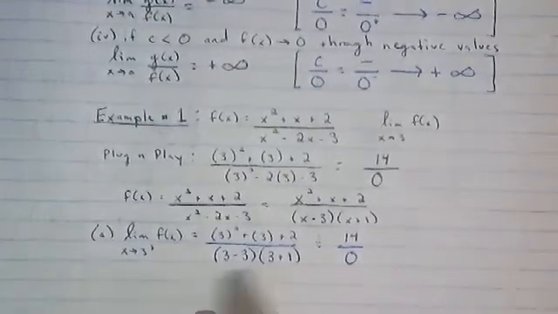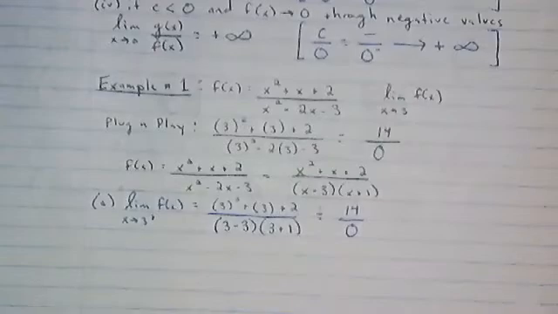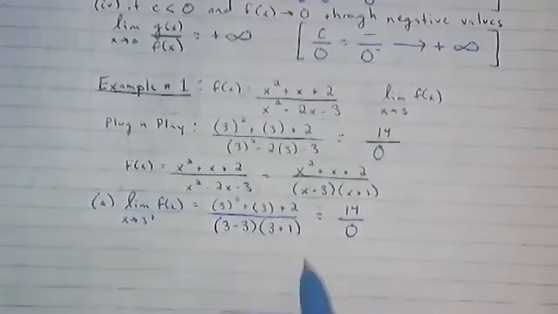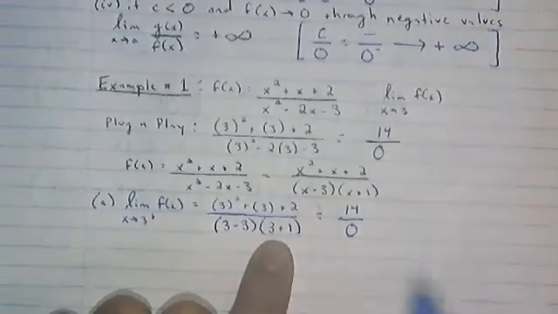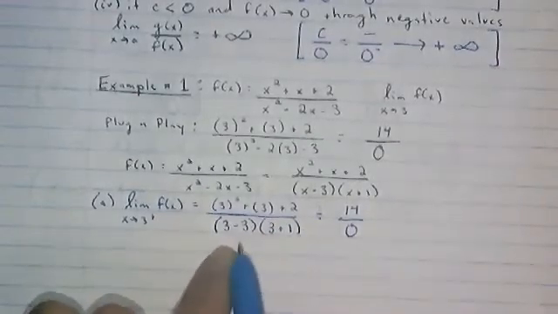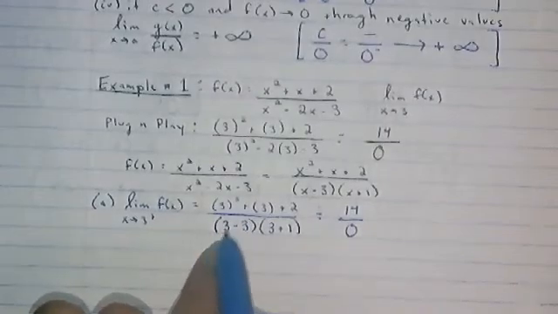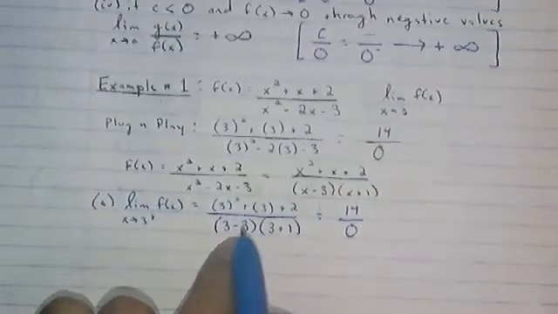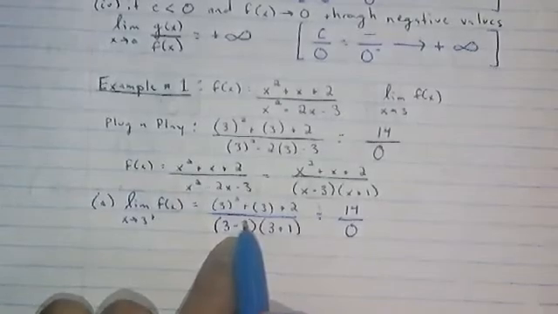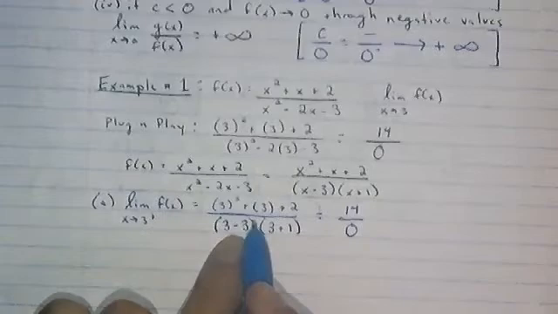And so we're going to look at this bottom product and just ask ourselves, what is the value of 3 plus 1, regardless of where we approach 3 from? 4, or it's positive is probably a better way to put it. This 3 minus 3 though, approaching from numbers slightly bigger than 3. What kind of value is that? Should be positive, right? Like 3.0000000000001 minus 3 is a positive 0.0000001.